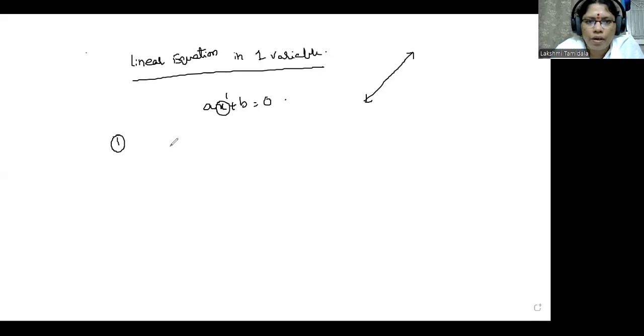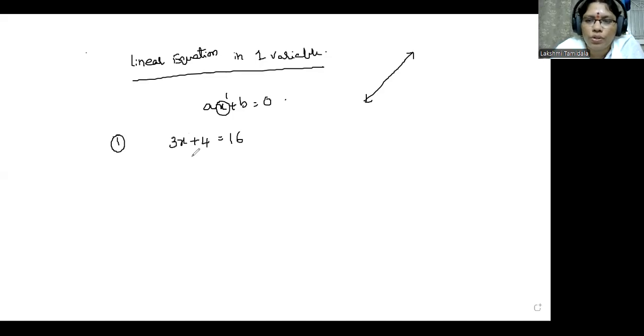For example, 3x + 4 = 16. Here we have the variable on only one side of the equation. The variable is associated with 3 here and also 4 on this side. So what we have to do is isolate this variable, which is the solution.